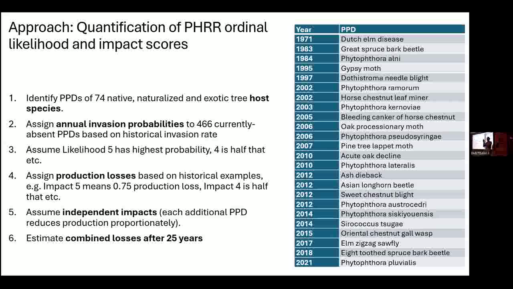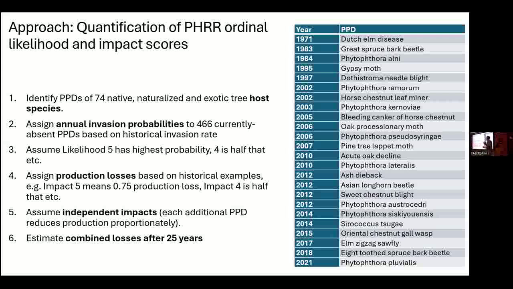So we take that as a 75% loss. And then we say that the impact of a 4 is half of that. So instead of between 50 and 100% of the trees dying, we say between 25 and 50% of the trees die.